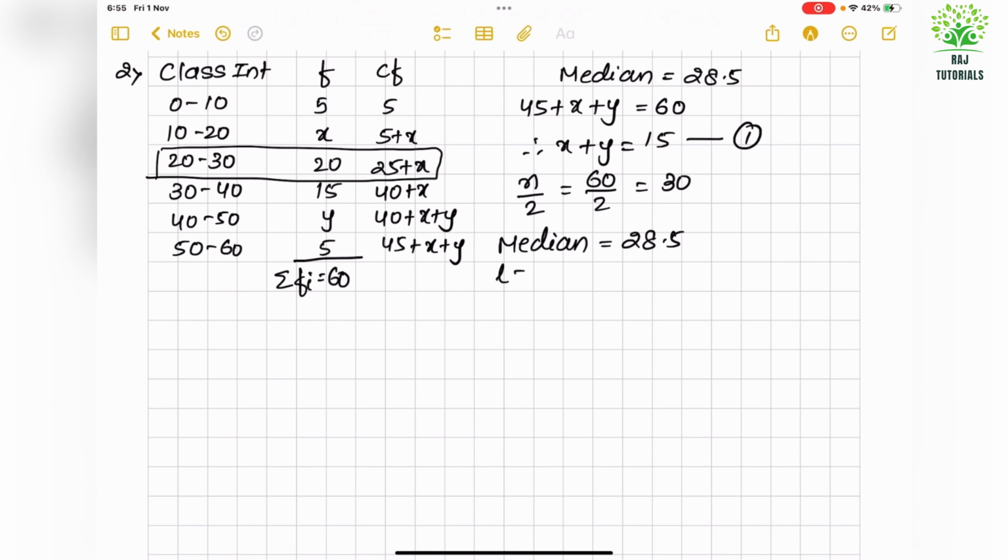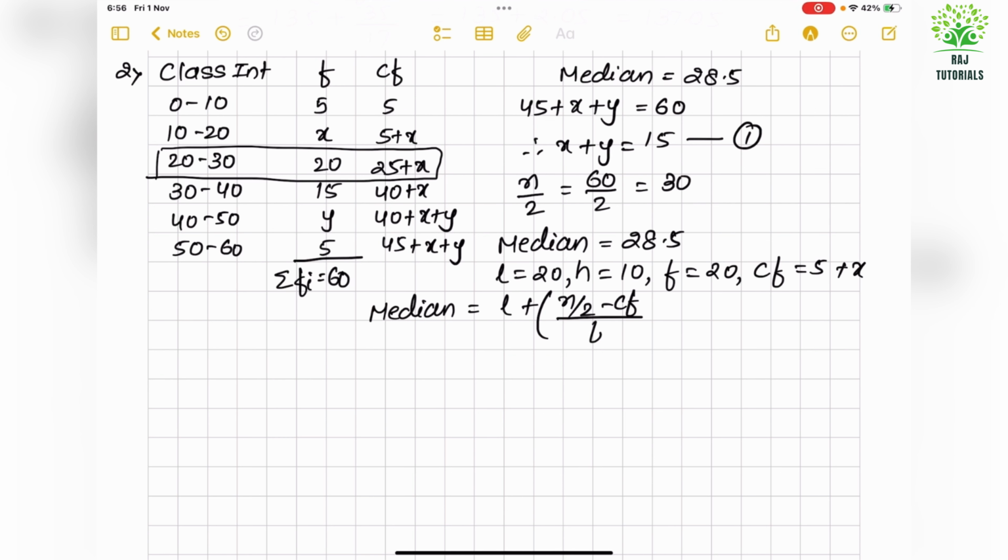So here L is 20, H is 10, F is 20 and CF is 5 plus x. So putting in the formula, median equal to L plus n by 2 minus CF upon F into H.